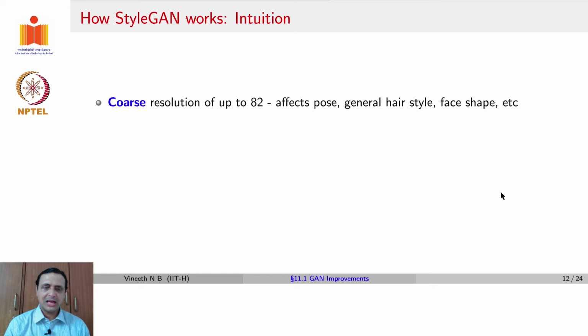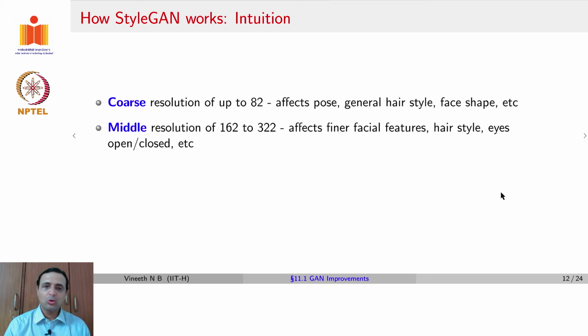The intuition for StyleGAN is that a coarse resolution in an image, if we consider face images, could affect attributes such as pose, a general hairstyle, face shape, etc. If you go to the next level of resolution, anywhere between 16 squared and 32 squared, this resolution throws in finer attributes such as facial features, more specific hairstyle, eyes being open, closed, and so on.